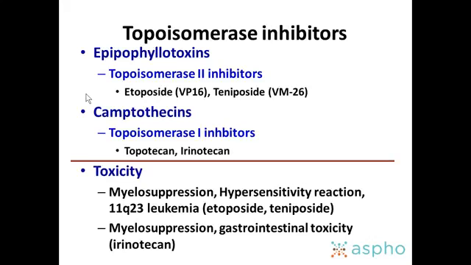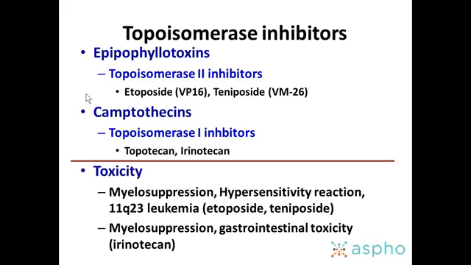Their main toxicity is myelosuppression, hypersensitivity reaction, and 11q23 leukemia. It's important to note that it's actually rare to have a true allergy to etoposide, and most of the reactions we see are related to the carrier in which etoposide is supplied, and therefore the variant Etopophos usually prevents most of those reactions.